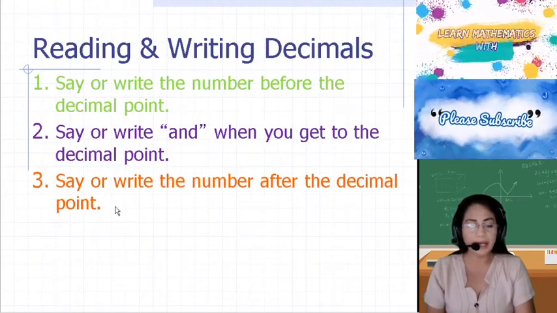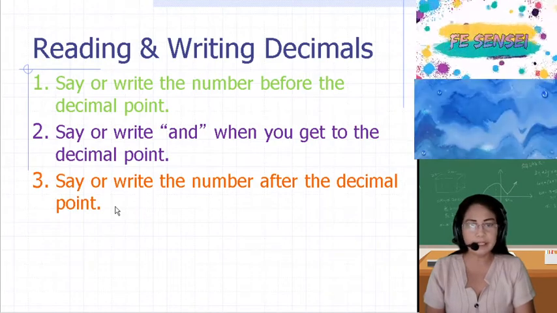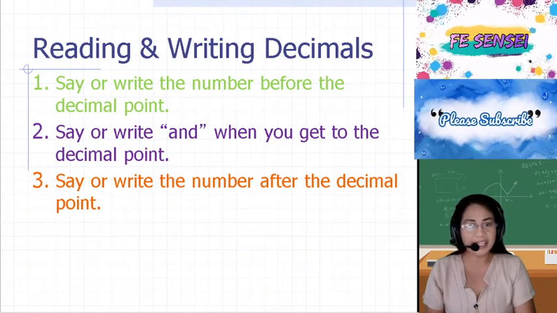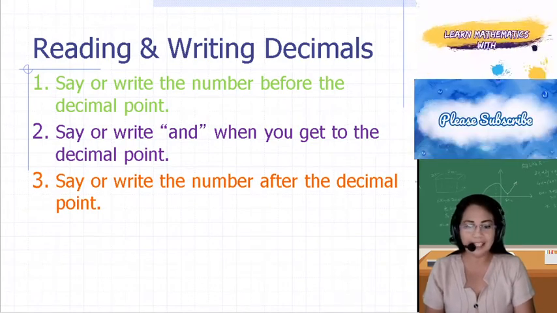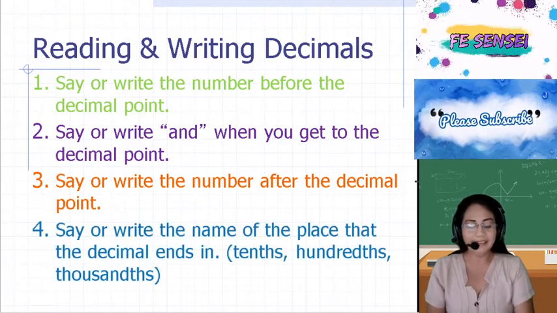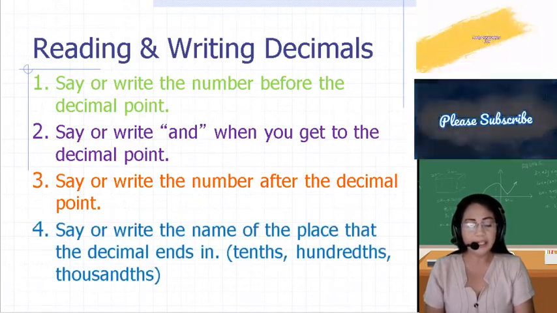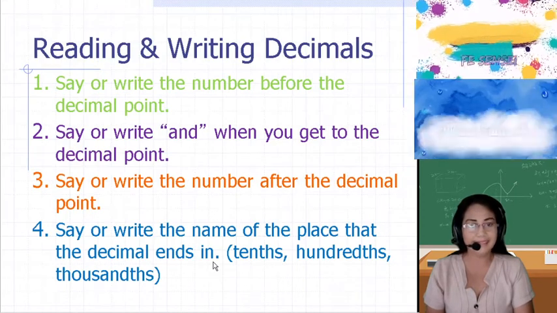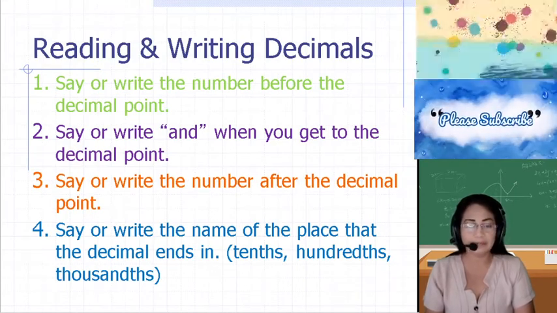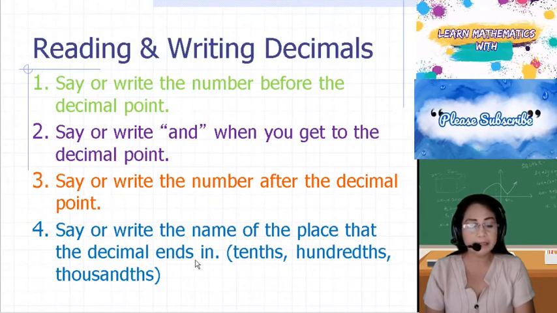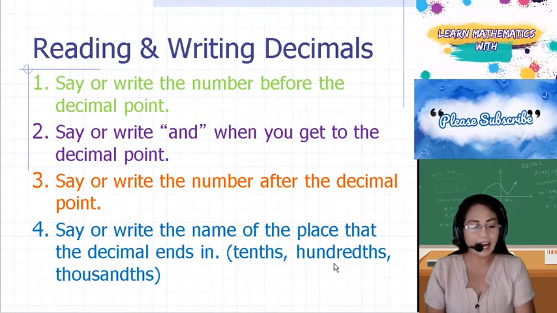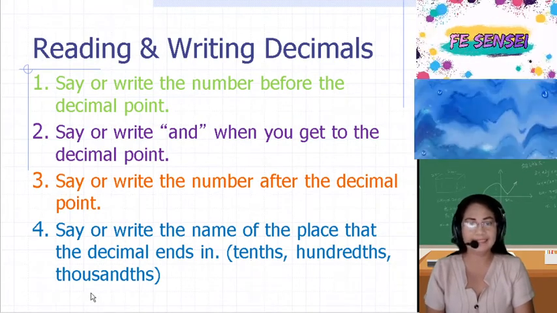Third, say or write the number after the decimal point, just like saying or writing a whole number. Then, the last one, say or write the name of the place that the decimal ends in, or the last digit. For example, tenths, hundredths, thousandths. Got it?